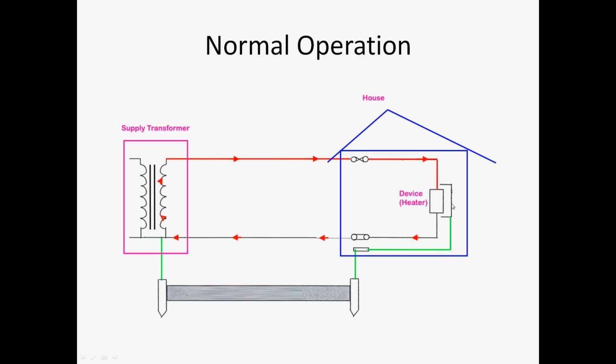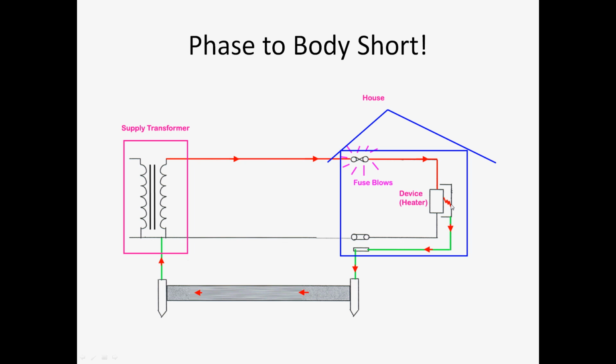It is the part where we handle the heater. So it is necessary to safeguard this part from any accidental contact or short with the phase. Suppose there is a short between the phase and the body. You can see here I have indicated a short.